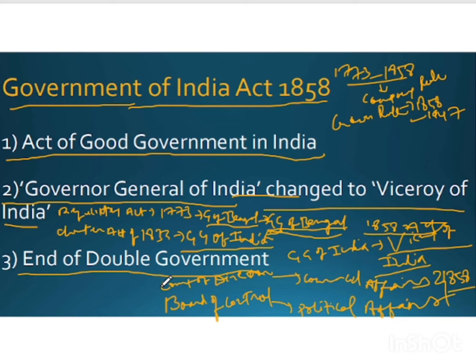Now we need to know when their roles came into being. The role of the Court of Directors came into being through the Regulating Act of 1773. The role of the Board of Control came through Pitt's India Act 1784. We saw that through Pitt's Act there was a distinguishment of company rule, and this came in the form of the Court of Directors and Board of Control.